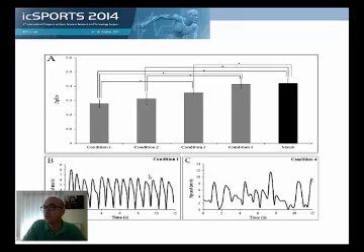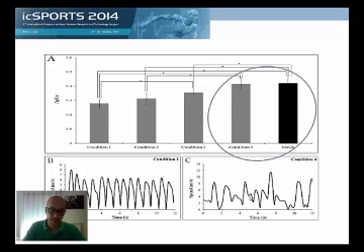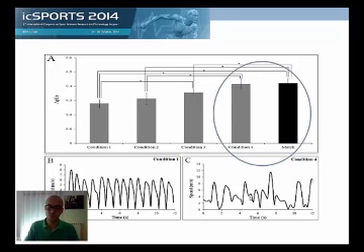So in condition 1 we have a stable pattern of ball speed, and because players need to adapt to the changes in the environment, we found a very variable ball speed over time. Thus, as a consequence of this, the fourth condition was the only one that didn't reveal any differences with the match condition.